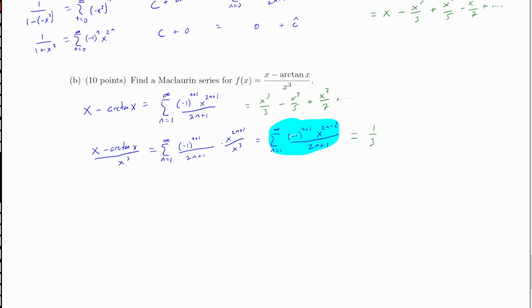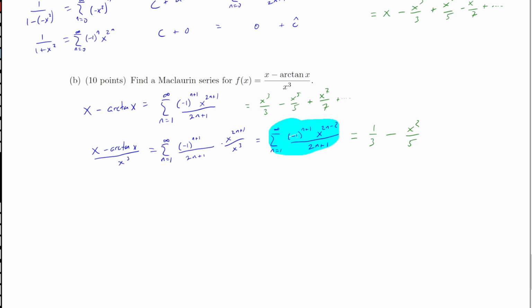When n is 2, 2 plus 1 is 3, so I have a negative. 2 times 2 is 4 minus 2 is 2, so I have an x squared, over 4 plus 1 is 5.